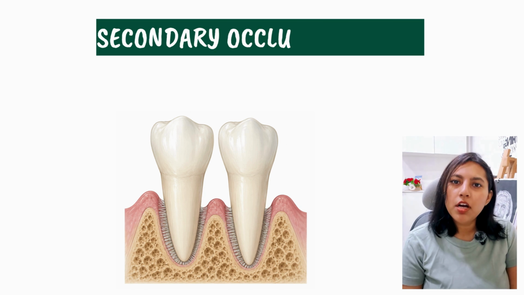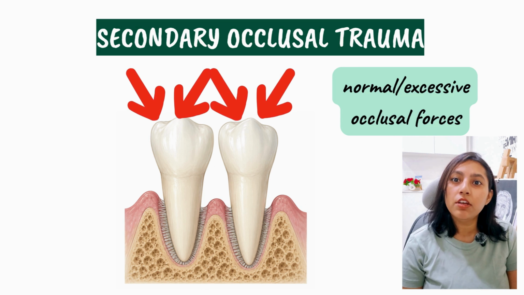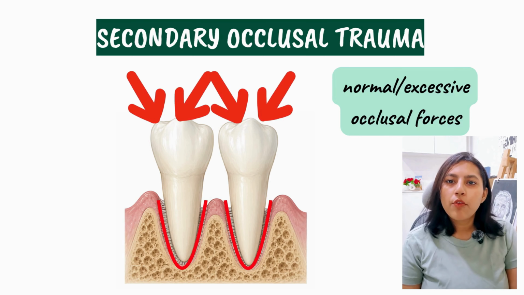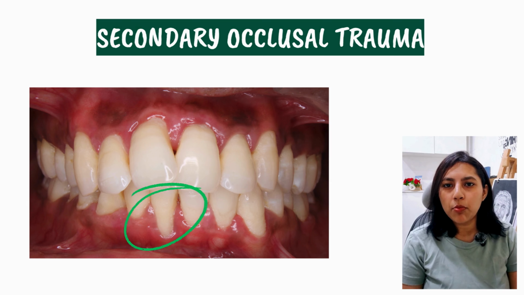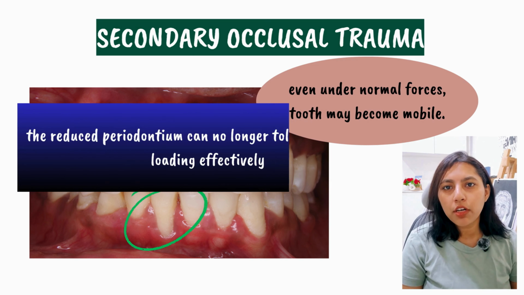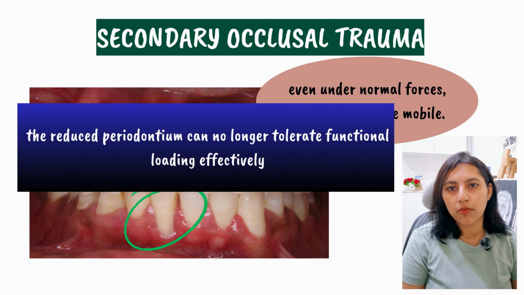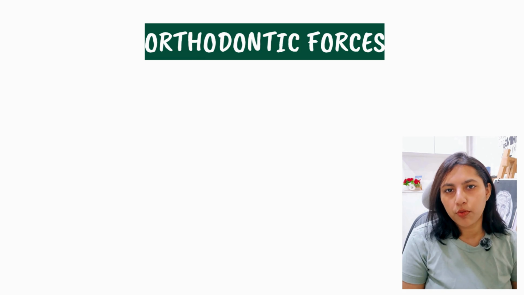Secondary occlusal trauma occurs when normal or excessive forces act on teeth with reduced periodontal support. For example, a tooth with severe bone loss due to periodontitis may become mobile even under normal chewing forces, because the reduced periodontium can no longer tolerate functional loading effectively. The third category is orthodontic forces.